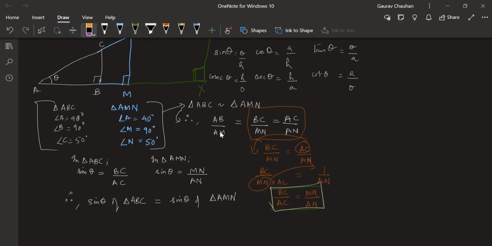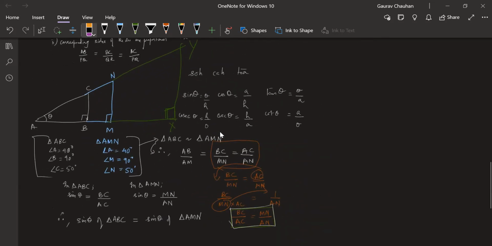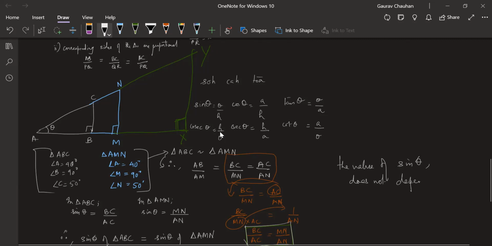Now what I'm trying to show here, taking it a stretch ahead, is that the value of sine theta does not depend on the length of the sides. I want you to take a minute to absorb this.